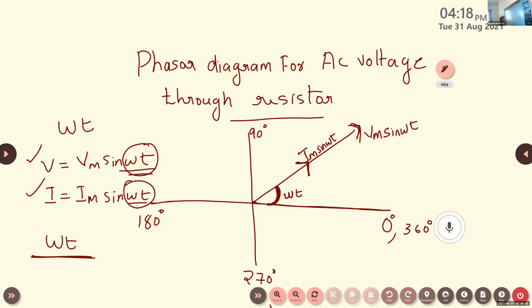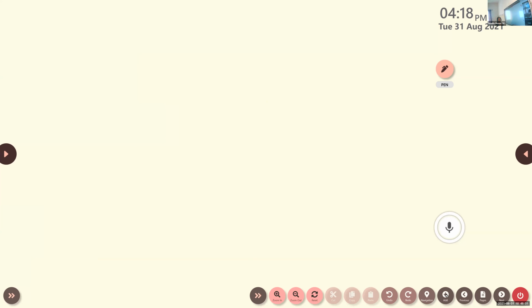Now, the next topic: power developed in a resistor.